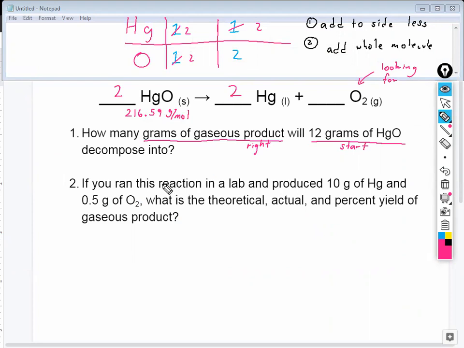Hopefully not too bad. And now I'll give you guys a minute to quickly find the molar mass of O2, the other important one. This one should be pretty easy.